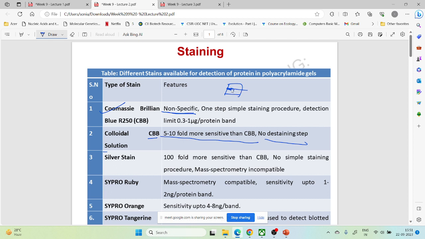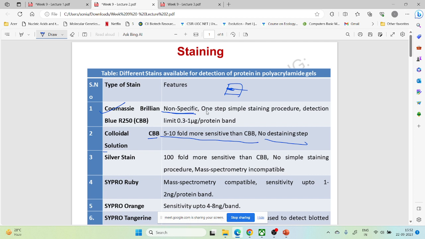So de-staining will actually tell us where the protein bands are present, because staining will make your complete paper blue, but because of the greater interaction of the stain with the protein, it will be there only at the places where proteins are present. That is why in CBB you have to have a de-staining step.